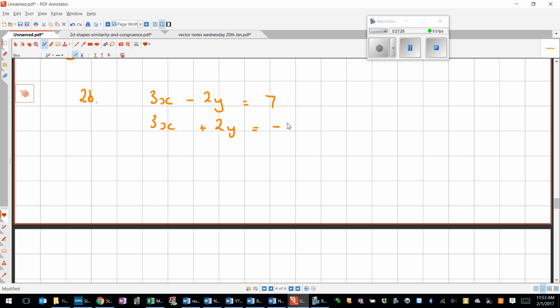Okay. So what do you notice about that one? Yeah, the x's are the same, the y's are the same. Okay. So I could choose to eliminate the x's or the y's in this way. Right? But if I wanted to eliminate the y's, would I add or subtract?